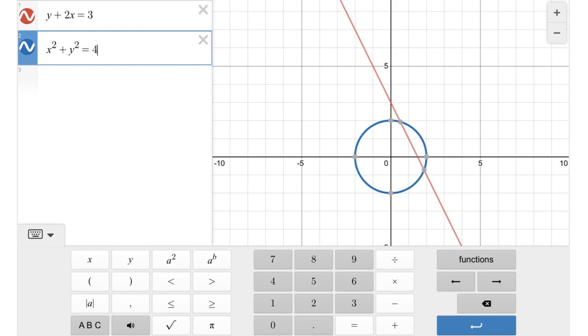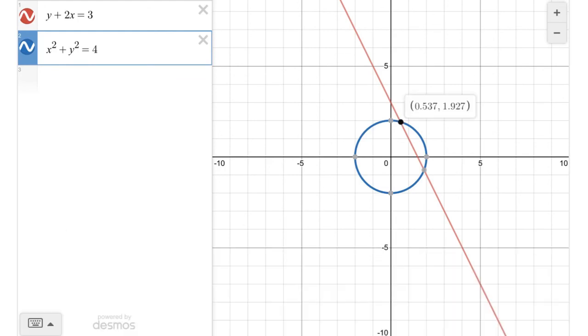And we can look and see the coordinates of the 2 points. The first one is (0.54, 1.93), and the second one is (1.86, minus 0.73), which are the same as the decimal form of our answers that we've just worked out.